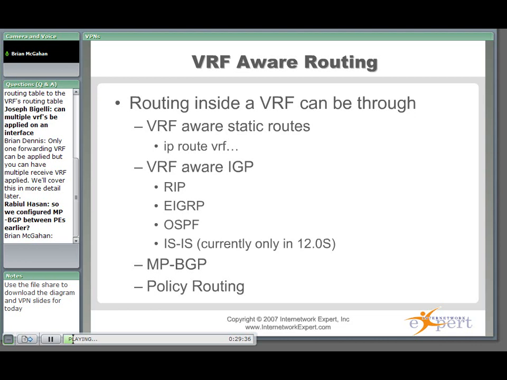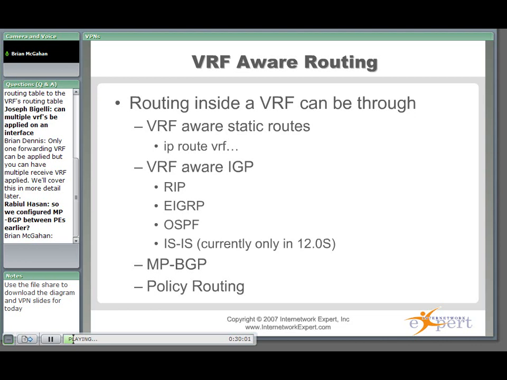We can say IP route inside this particular VRF. We can do it with the IGPs, which are RIP, EIGRP, and OSPF. IS-IS, even though it's listed on the blueprint as a PE to CE protocol, is only supported in the newest versions of 12.0S. So it wouldn't be covered as a PE to CE protocol, but we could see it inside the provider network core, like we configured yesterday.